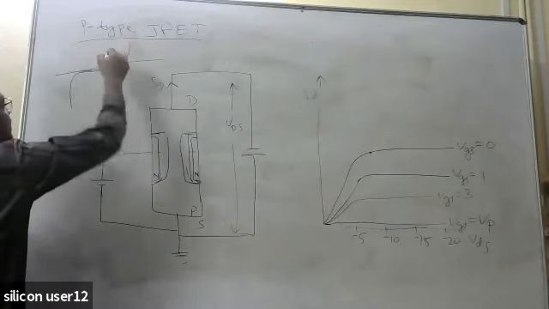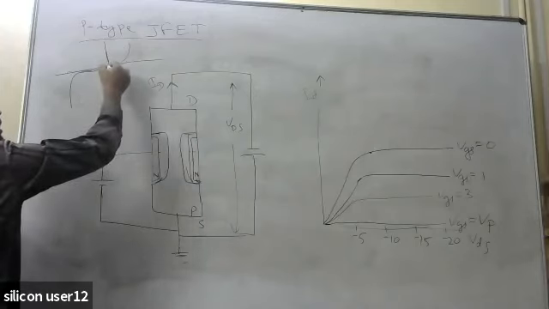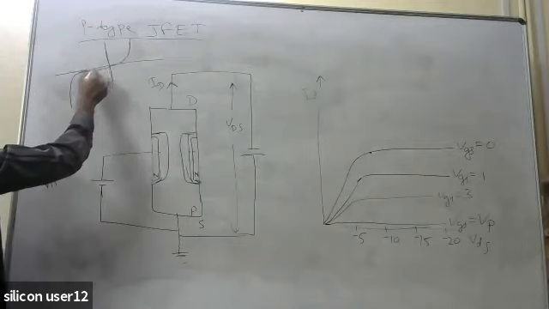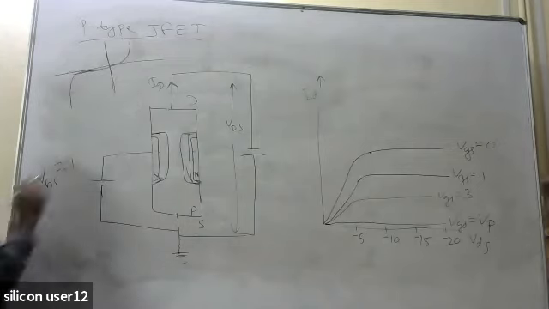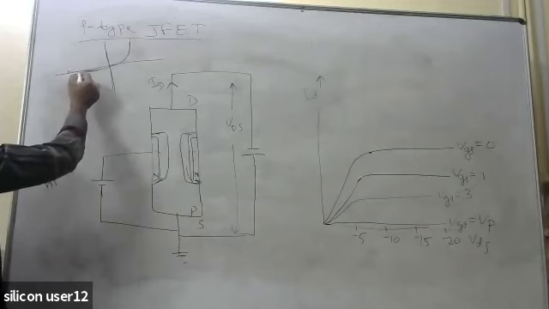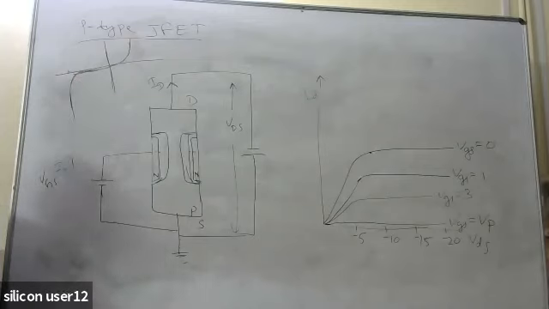This was my x-axis, this y-axis. In forward bias it will be like this; in reverse bias, initially the current will remain almost 0. But when this reverse bias is increased to a particular condition, the diode will break down and the current will go on increasing in the negative direction.